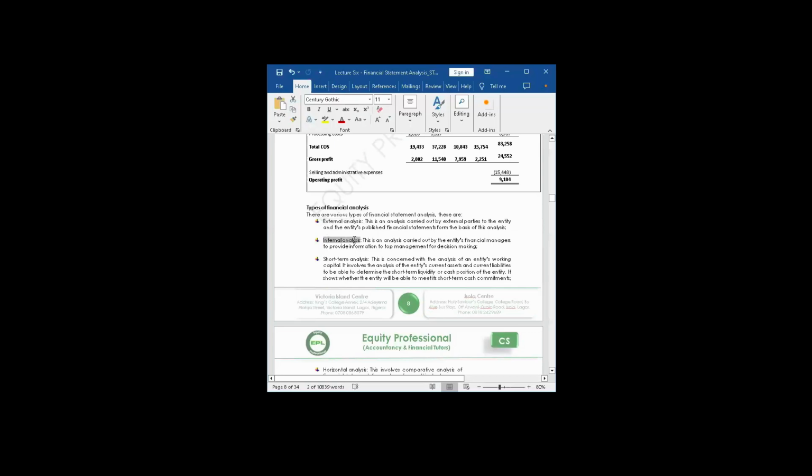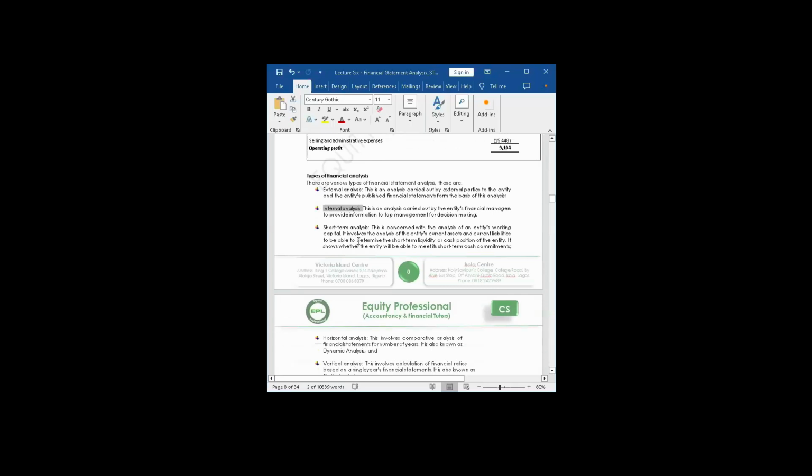However, if I work in that organization, possibly as a financial analyst, financial accountant or financial manager, and I'm doing analysis of the organization to provide information to top management for them to make certain decisions, then that is internal analysis.